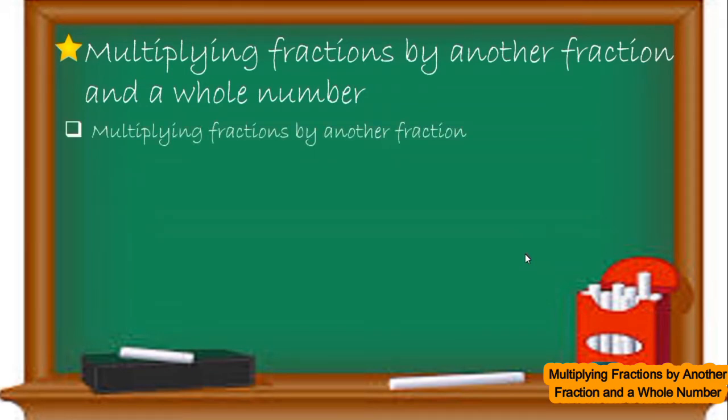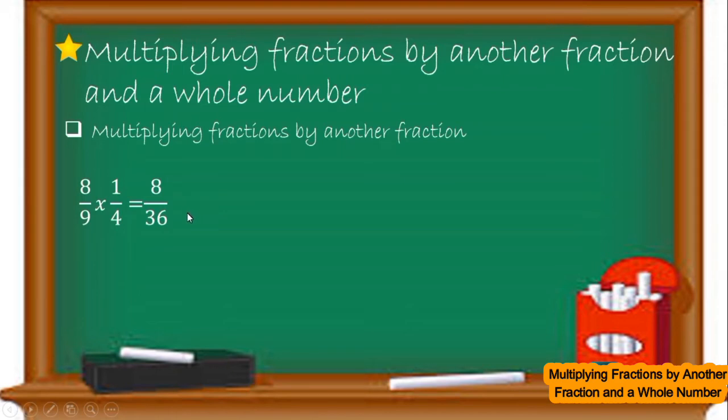First, multiplying fractions by another fraction. Example, 8/9 times 1/4 is 8/36. 8 times 1 is 8, 9 times 4 is 36. Let's simplify if possible the 8/36.